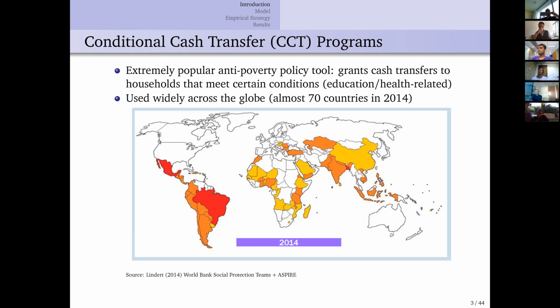Part of the reason for the popularity of CCTs is that we had early rigorous evaluations of these programs, thanks in large part to the PROGRESA program in Mexico, which is what I'm going to be talking about today.